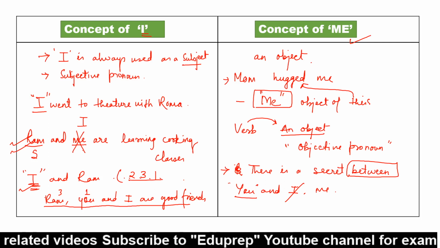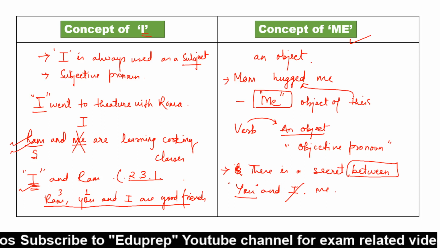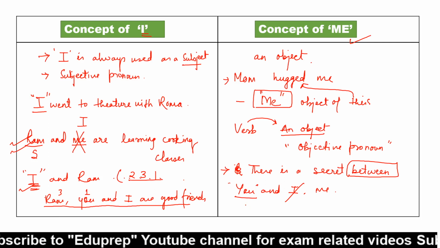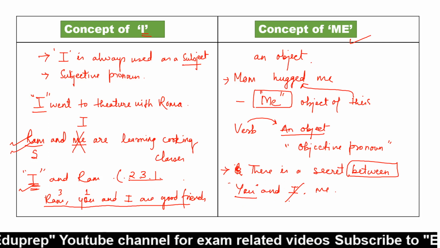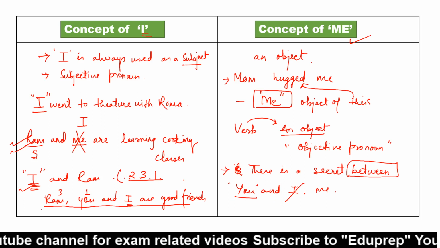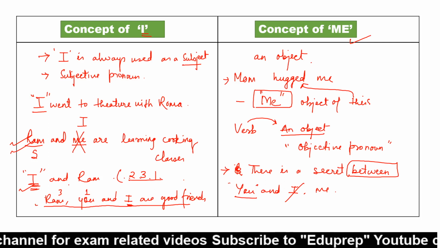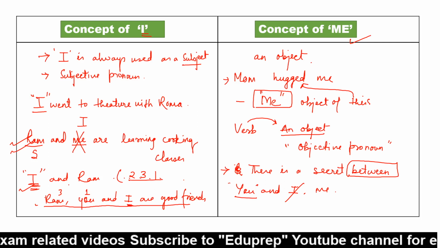For example, if I write, I, Ram and you are responsible for this blunder. Okay, so here you are taking responsibility for this particular blunder. So in the given case, you need to place I in the beginning of the sentence. So remember that whenever we have a positive sentence, the sequence should be 2, 3, 1.